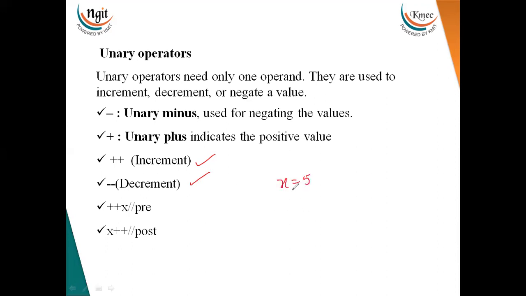You can perform two types of incrementation: pre-incrementation and post-incrementation. Pre means before the variable. If you perform the incrementation before the variable, that comes under pre-incrementation. If you perform it after the variable, that comes under post-incrementation. In both cases, the value is incremented by 1.